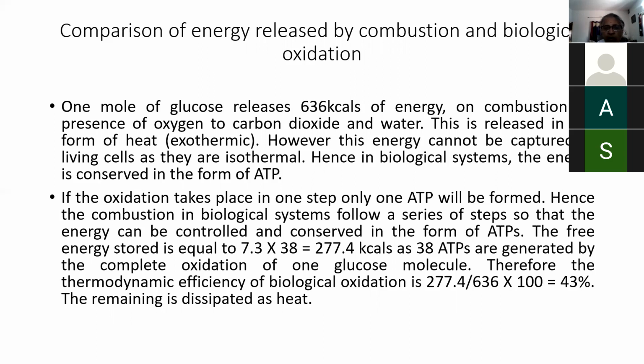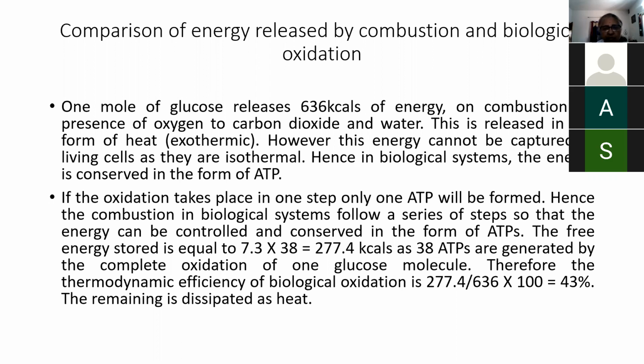So we all know what is combustion. Combustion is the complete oxidation of a compound in presence of oxygen to carbon dioxide and water. Now here I am considering the combustion of glucose. One molecule of glucose on combustion in presence of oxygen will give, of course, carbon dioxide and water, and will release 636 kilocalories.